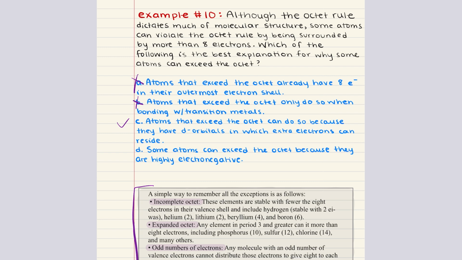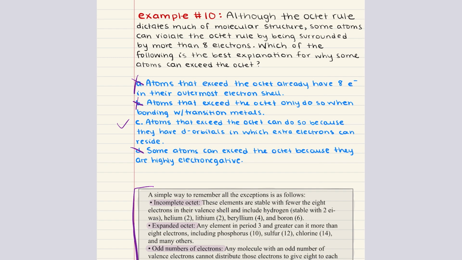This statement is incorrect. Electronegativity is a measure of an atom's ability to attract electrons, but it does not explain the ability to exceed the octet. The capacity to exceed the octet is related to the availability of additional orbitals, specifically d orbitals. So the correct answer for 10 then is C.